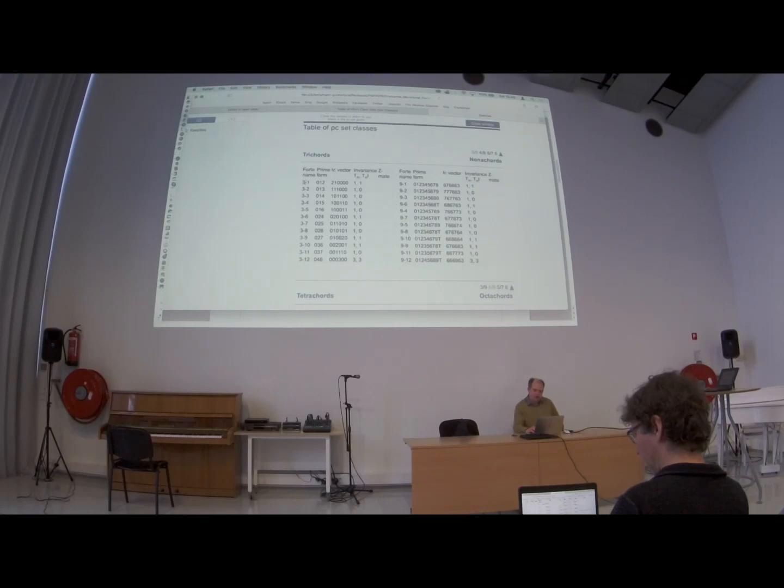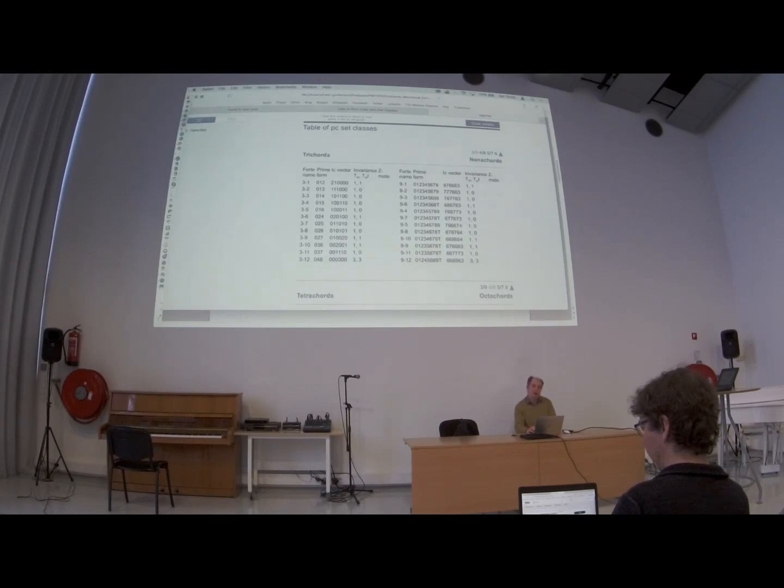So 3 means that we have 3 pitches, and this is the first one. But the order is going after the interval class vector. Interval class vector is like this, that we count how many intervals we have inside this collection. So, we count from here: this is a minor second, a major second, minor third, major third, and so on, up to the tritone, and then we mark with a number in every digit how many we have.